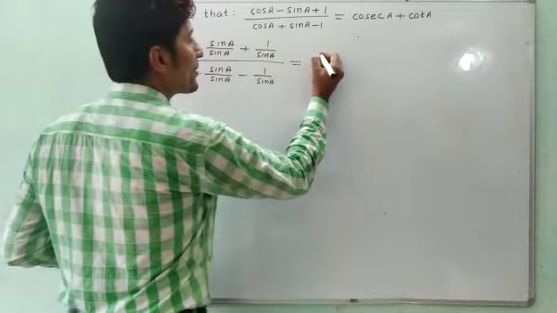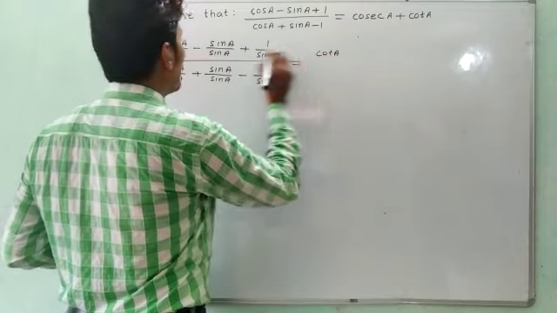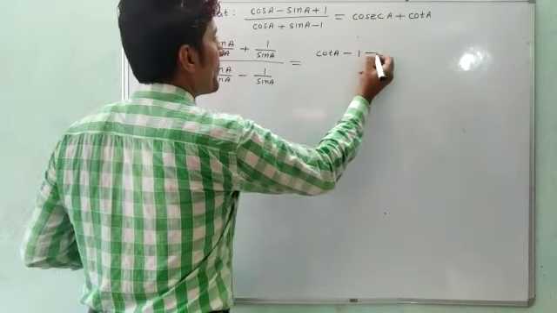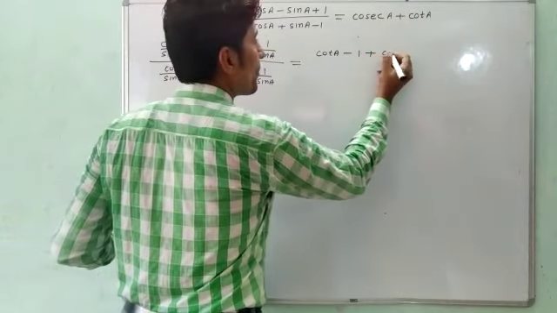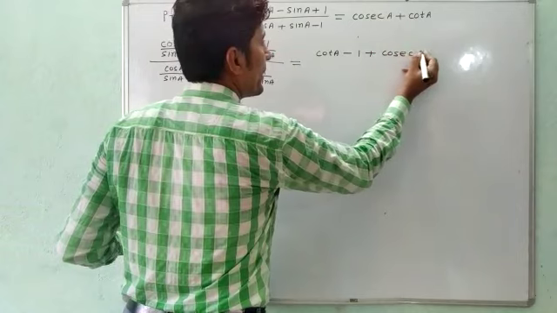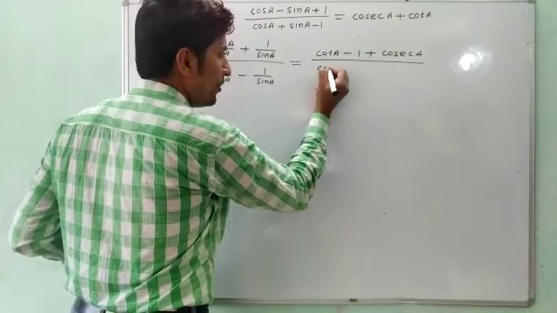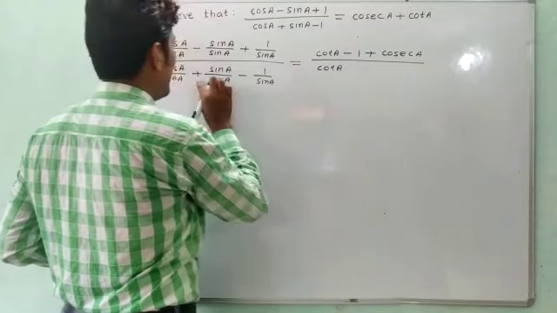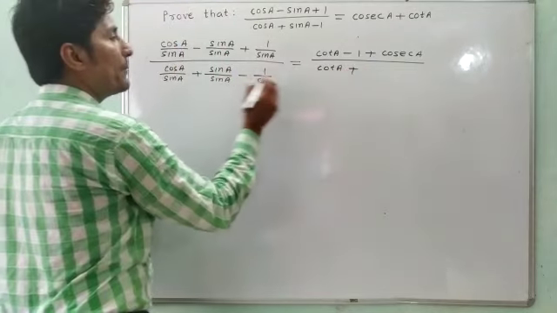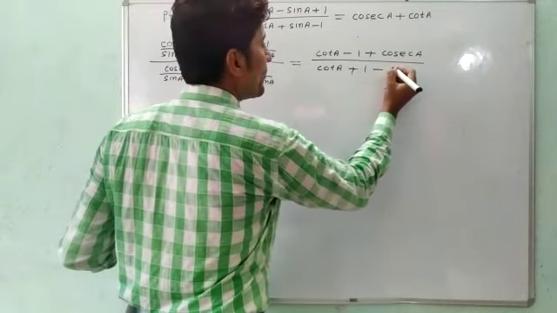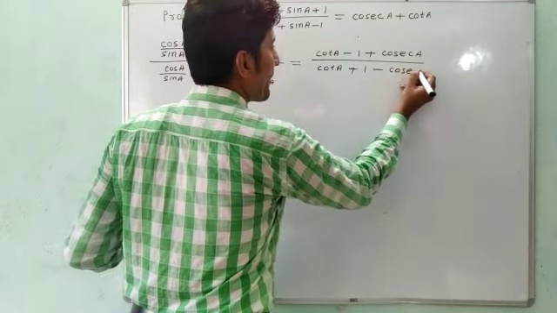So let us see the next term. Cos upon sin equals cot A. Minus will be there. Sin A upon sin A equals 1, plus 1 upon sin equals cosec A. Divided by, again cos A upon sin A equals cot A plus sin A upon sin A equals 1, minus 1 upon sin equals cosec.